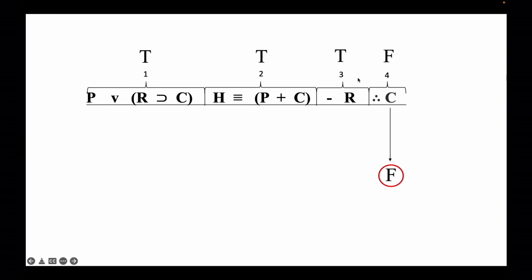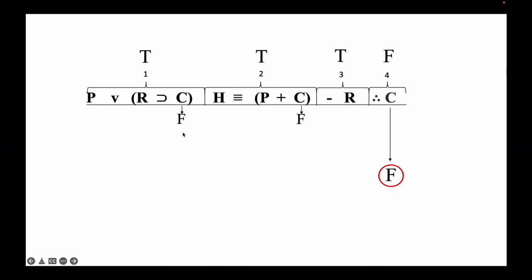Then we move backwards to premise 3. Premise 3 is a negation, not R. So if not R is true, it means that R must be false. Oh yes, I forgot to plug in the truth value for C. Okay, C was false.